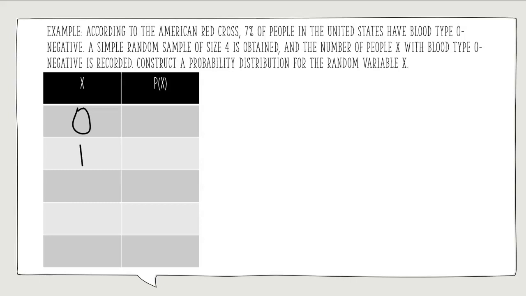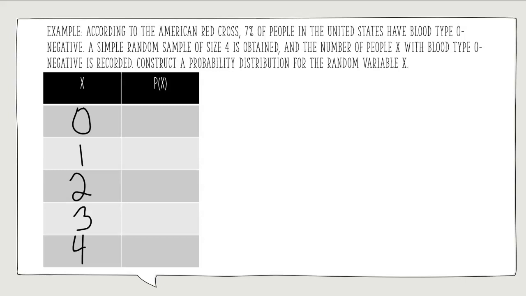Or it could be where 1 of them is blood type O negative, or 2 of them, or 3, or 4 of them, all right? So there are actually 5 different outcomes. This is a binomial experiment because what we're measuring is whether they're blood type O negative or not. So there are 2 outcomes, but for our random variable X, there are 5 outcomes, okay?